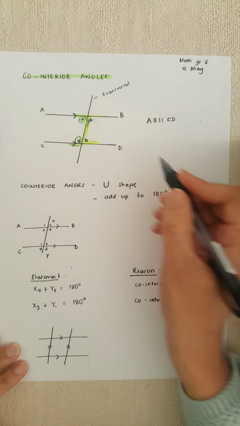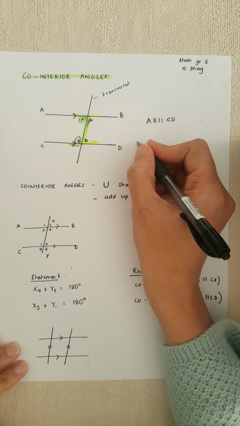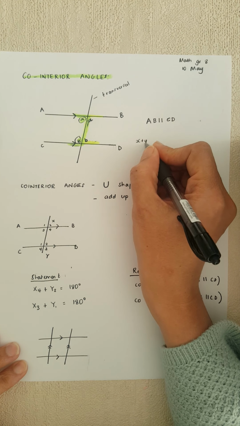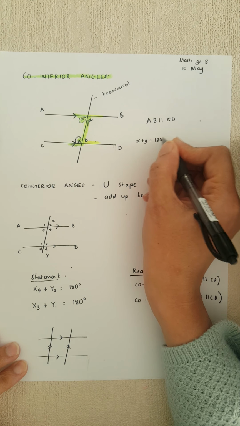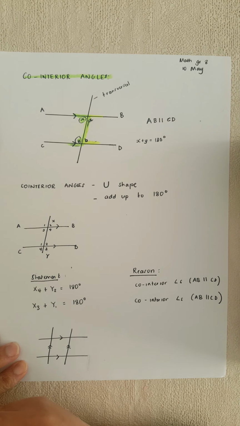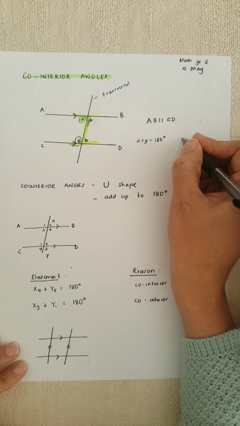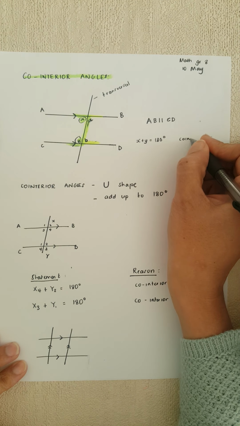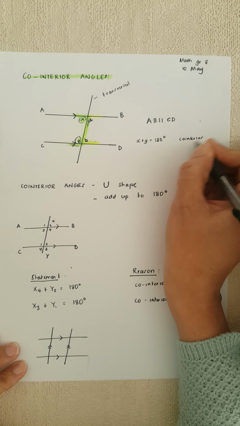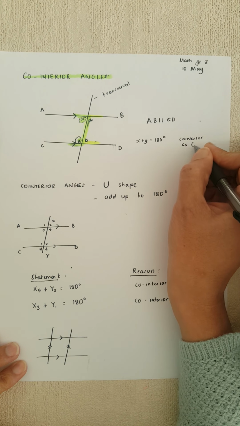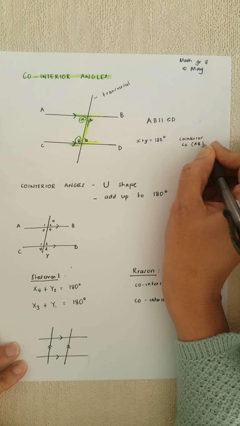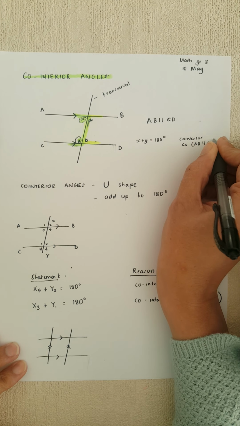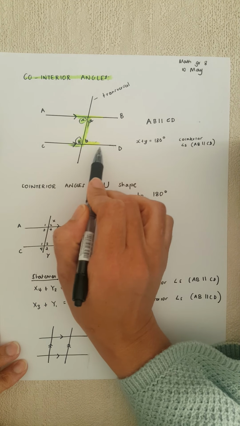If I need to write this down in a theorem, I'm going to say X plus Y equals 180 degrees. And why am I saying that? Because they are co-interior angles, and I have to say that AB is parallel to CD. Why must I say AB is parallel to CD?